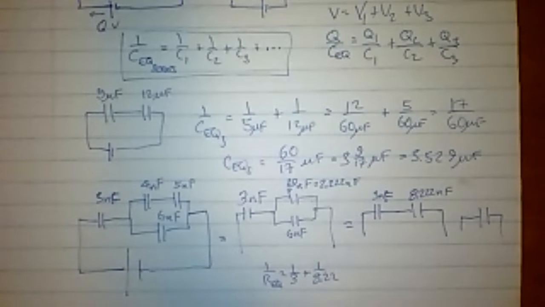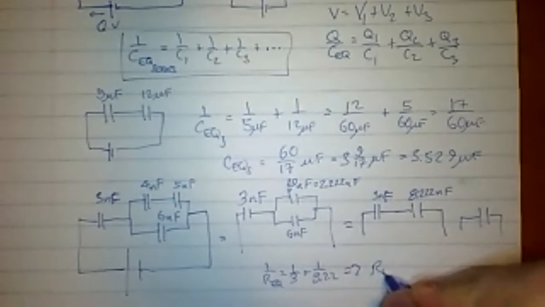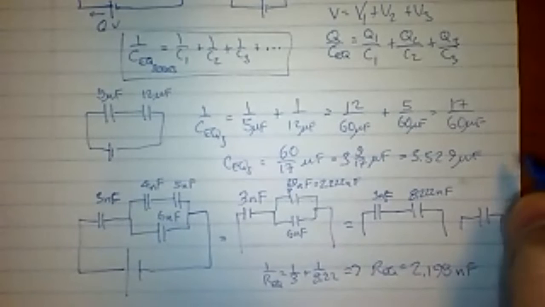Okay, and now I'm going to take that and flip it over. So I got 0.454955 is what I got for adding these two. Now I'm going to flip them over by raising them to the -1 power. And that gave me R equivalent is equal to 2.198 nanofarads.